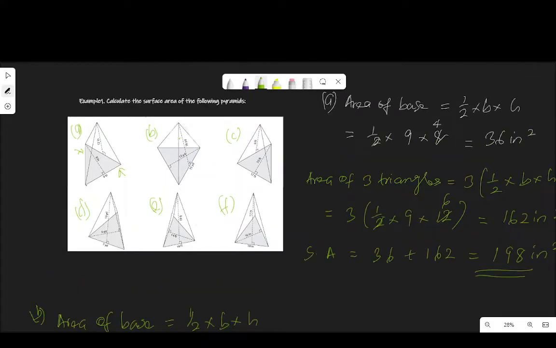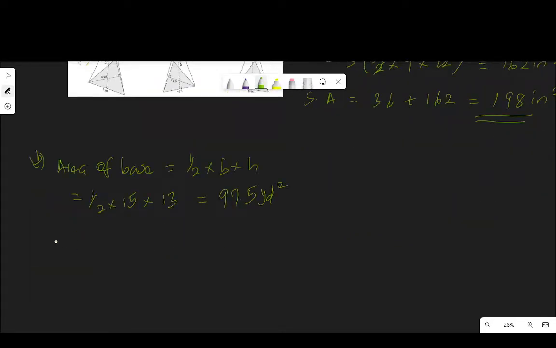Now let's calculate the area of this remaining triangle here. This one right here, the one behind here, and the one right here. They are all the same type of triangle because this pyramid is made up of equilateral triangles. So the area of the three triangles is equal to 3 times the area of one triangle, which is half times base times height.